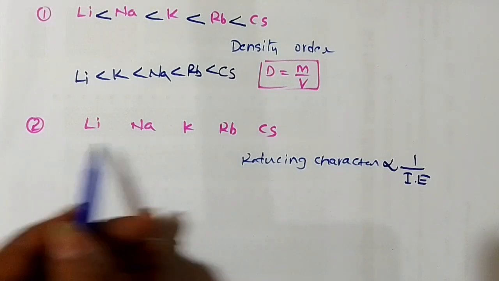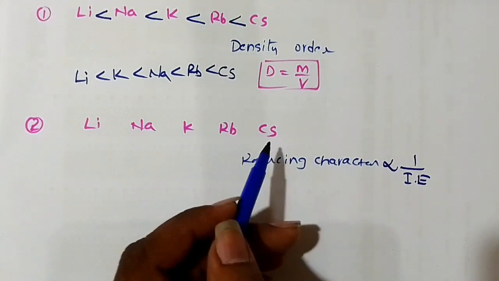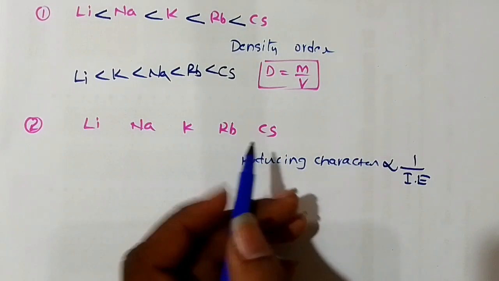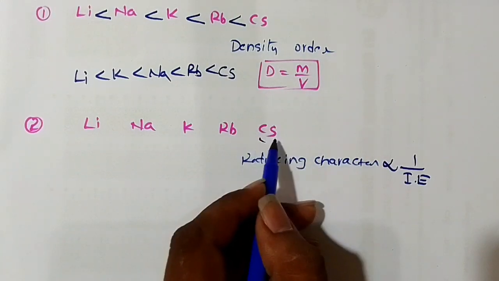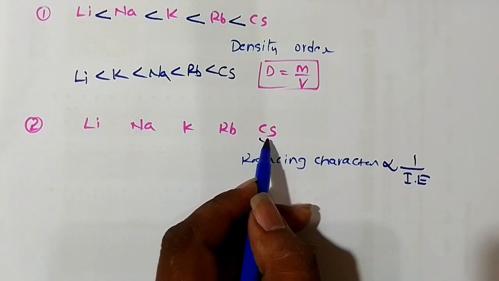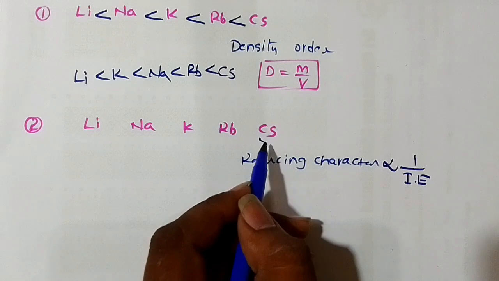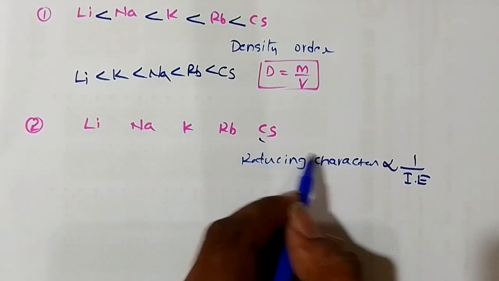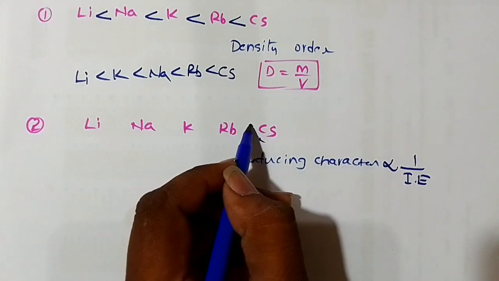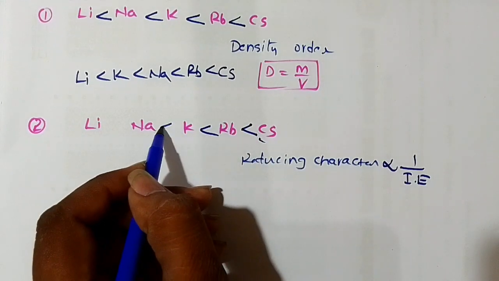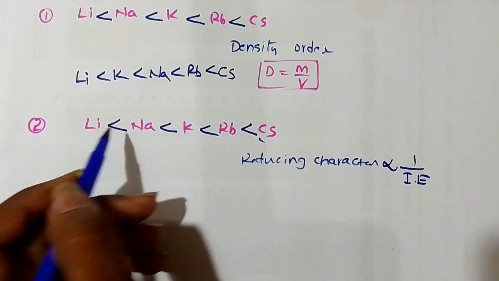When we are moving from top to bottom in a group, size increases and ionization energy decreases. Now cesium has more size and less ionization energy. If any atom has less ionization energy, it can release electrons easily, so it has more reducing character. Cesium has the most, followed by rubidium, potassium, sodium, and lithium.